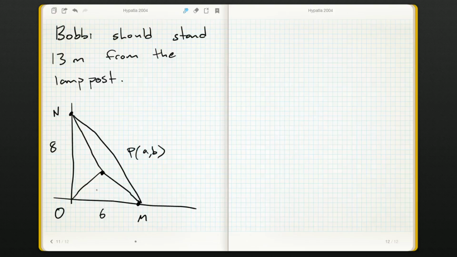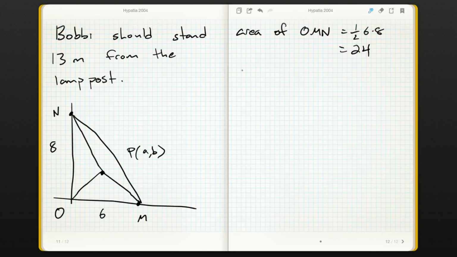So using the 6 and the 8, I can do one half base times height and get the area of OMN. So the area of OMN is 1/2 base times height. So this is 1/2 of 48, it's going to be 24. So we want each of these triangles to have the same area.